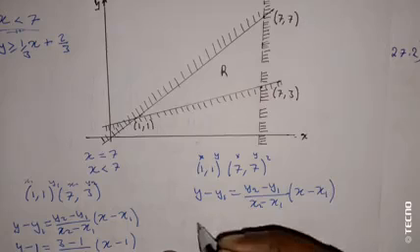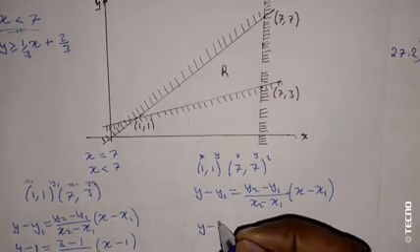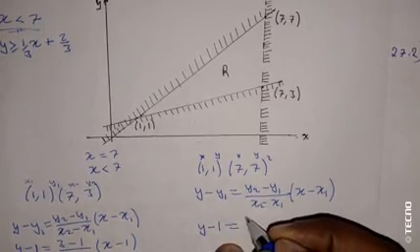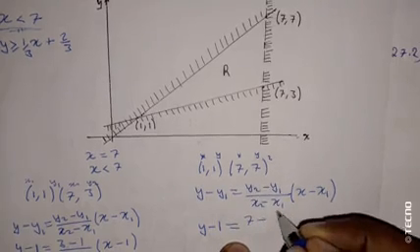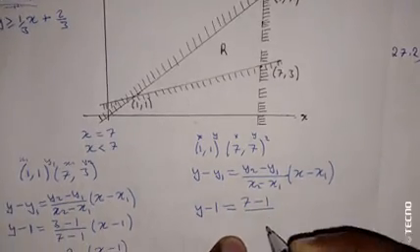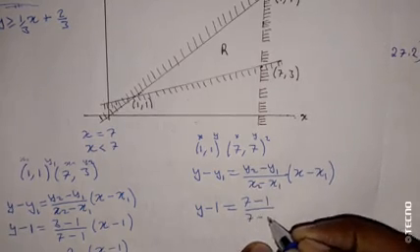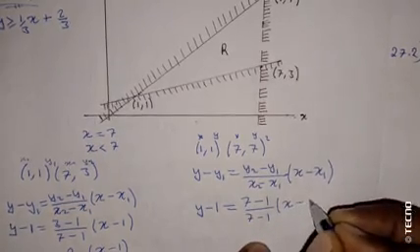Here we replace: y minus y1, it's 1, is equal to y2, here it's 7, minus y1, it's 1, over our x2, which is 7, minus x1, which is 1. We close, x minus 1.